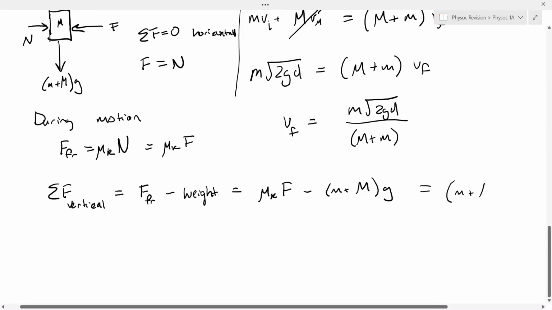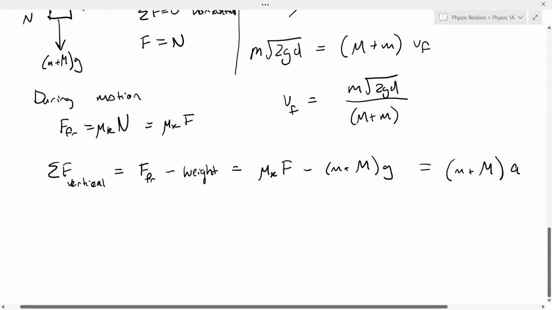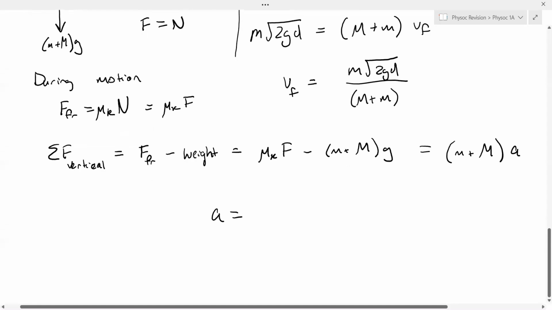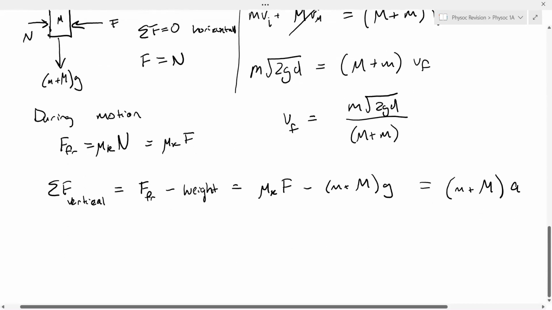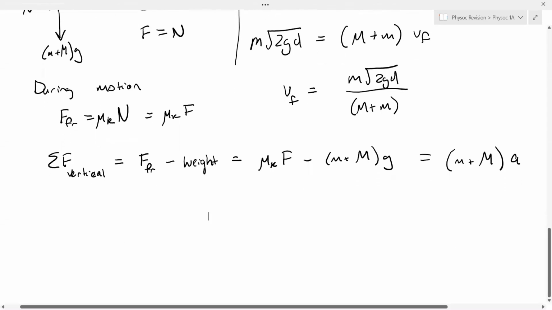Our mass is, of course, m plus M times a, our acceleration, which means my total acceleration is equal to, actually, before I do that, I know it's moving downwards, so our acceleration must also be negative because we're moving downwards.